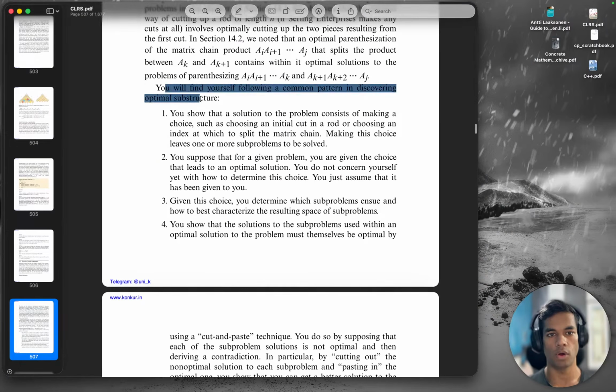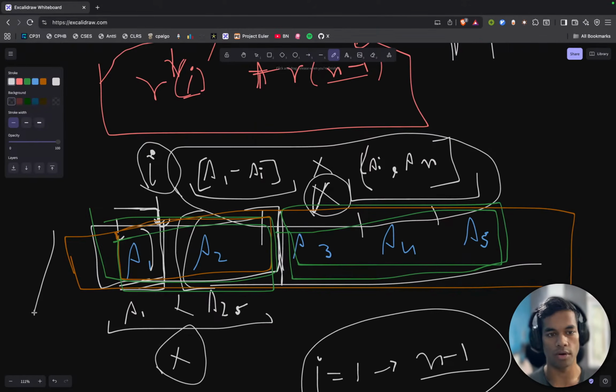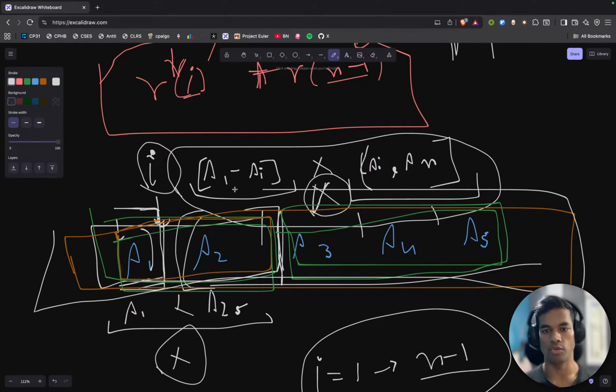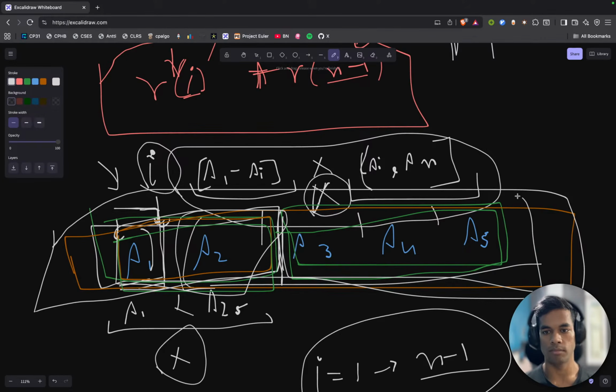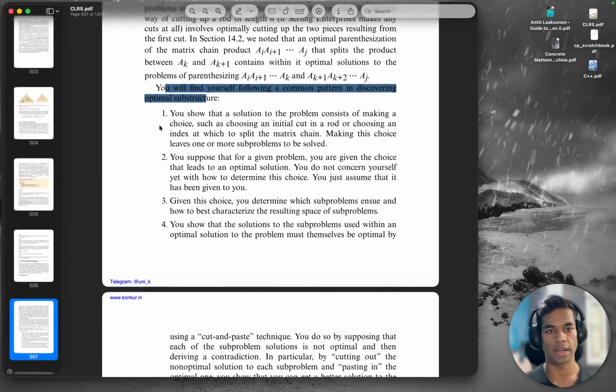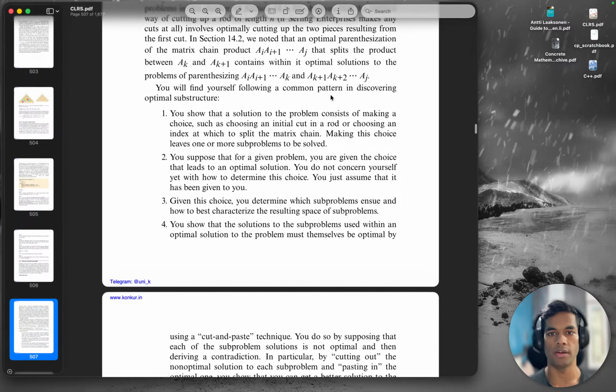When we want to solve our higher level problem, we want the optimal solutions to those subproblems on which that higher level problem depends. That is optimal substructure. You will find yourself following a common pattern in observing optimal substructure.